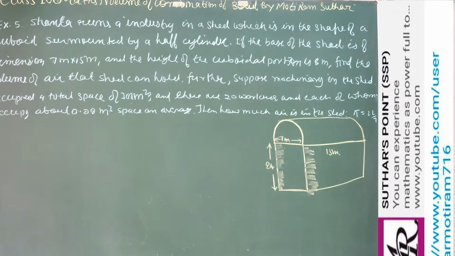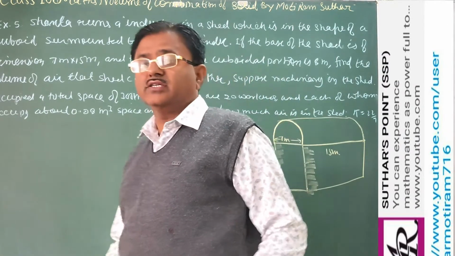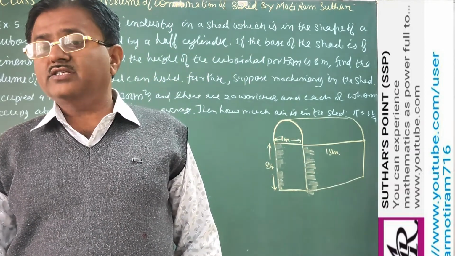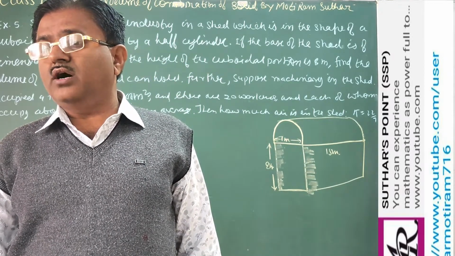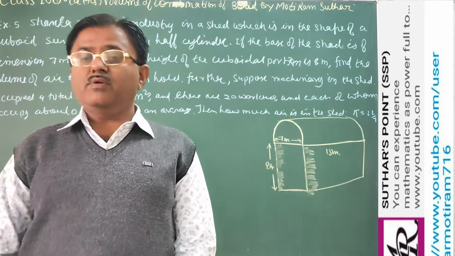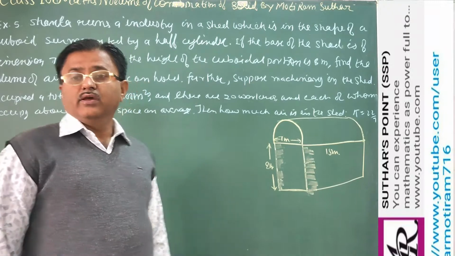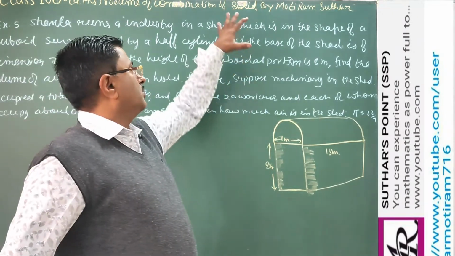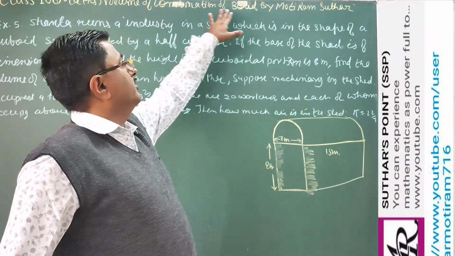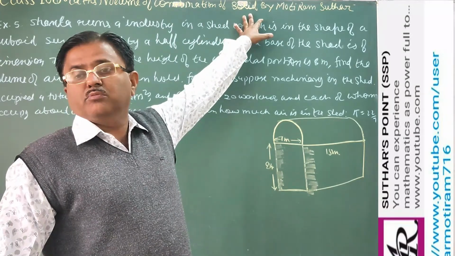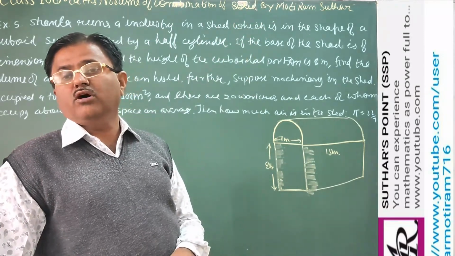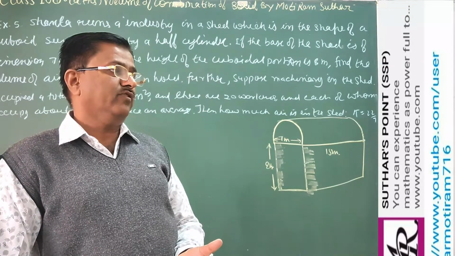The key point for the volume of a combination of solids is that it is somewhat easier in comparison to the surface area of a combination of solid figures. Clear? If you want to find the volume of a combination of figures, it is simply the addition of the volumes of each solid figure.